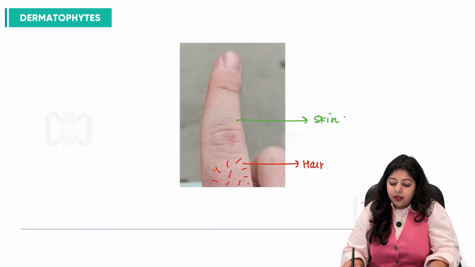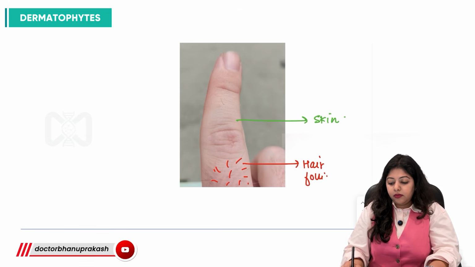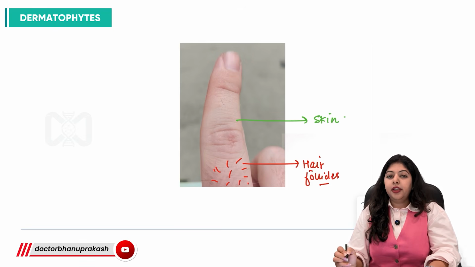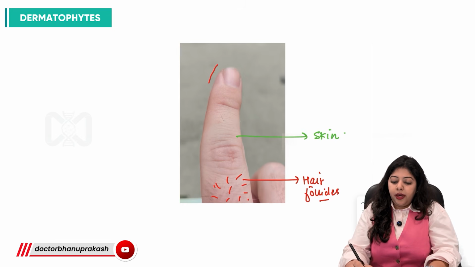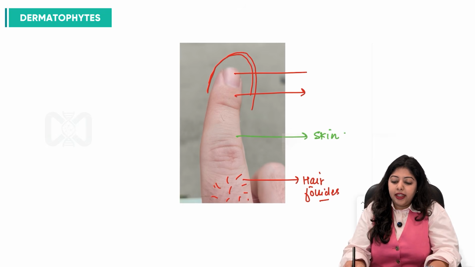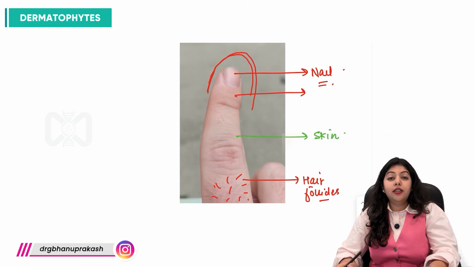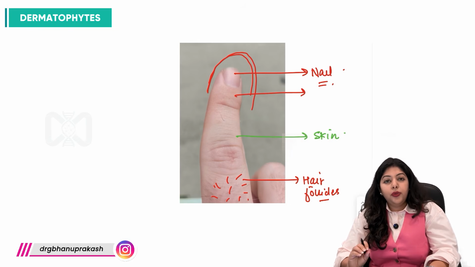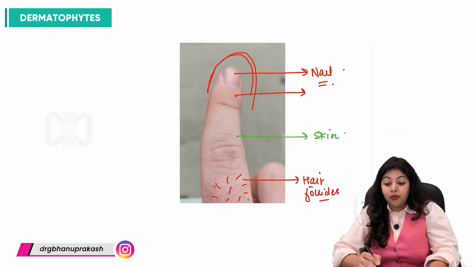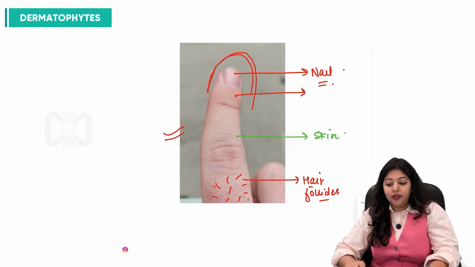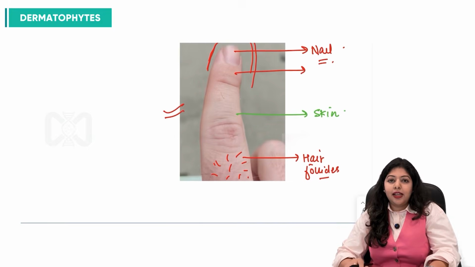Hair follicles, right? And then on the upper part of the finger, can you see only the skin and nail? So it is not just the finger which is getting affected, but the different appendages. And in order to remember what all are involved, you just need to remember this image of the finger, right? We'll use this as a mnemonic.